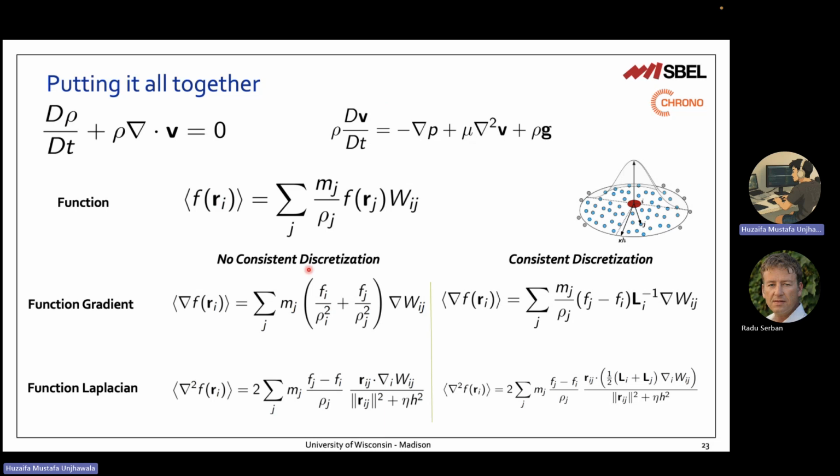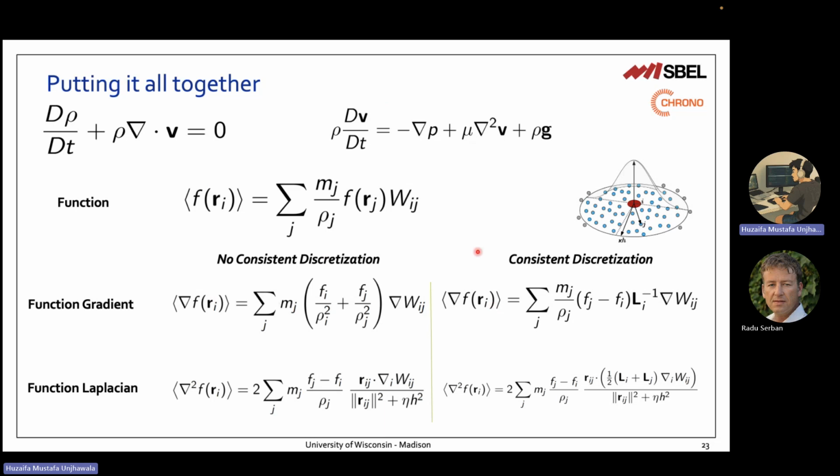So that's one choice that you have to make. But basically, if you have a continuous function f, how do I discretize it? And then you have the same thing for a function gradient. This can be with discretization, so on the right, or without discretization on the left.